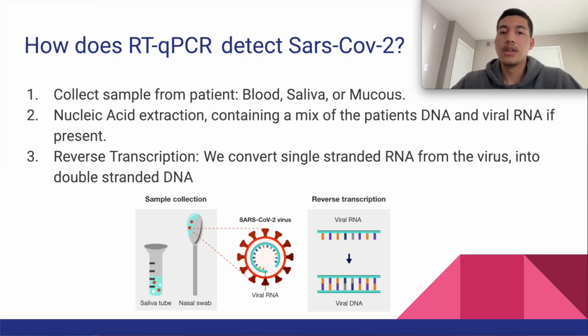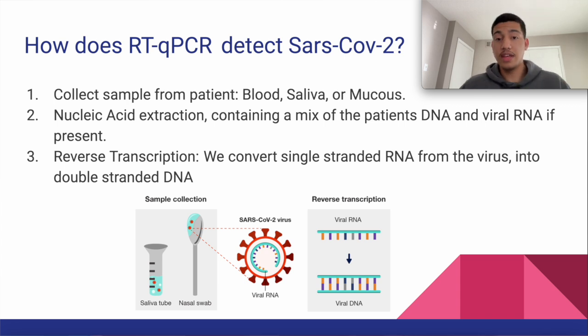which will include the patient's DNA, which is a double-stranded nucleic acid that is the carrier of our human genetic information. So that's like our template on how we are. And along with DNA, there may be viral RNA in our sample if it is present.